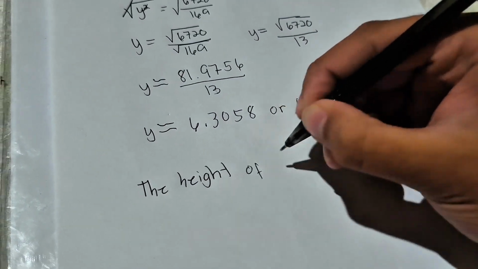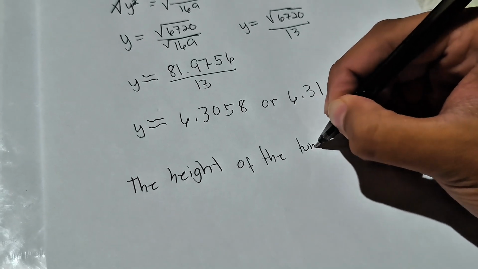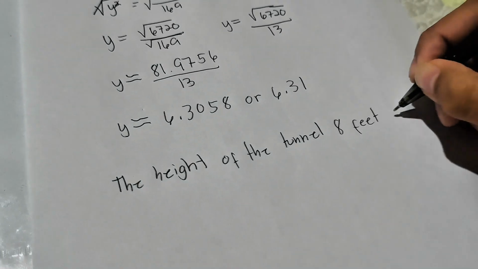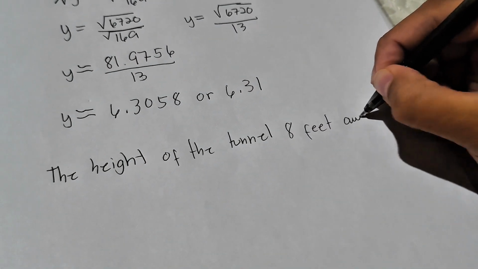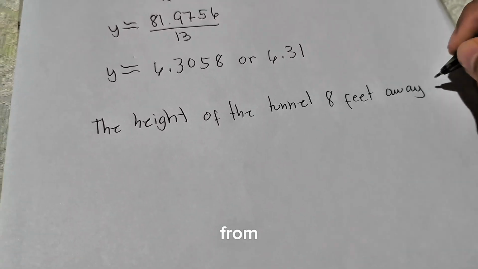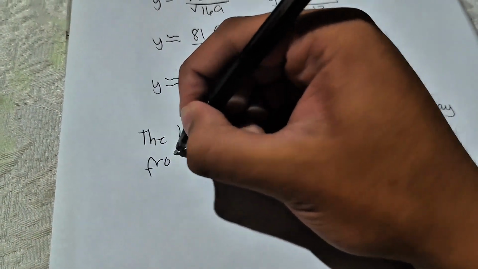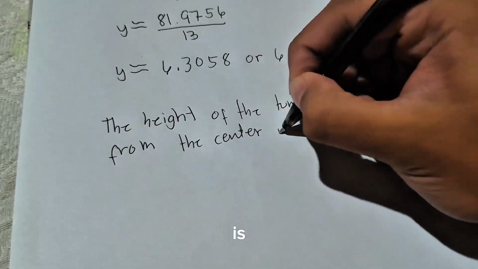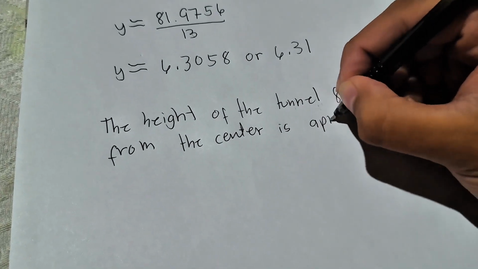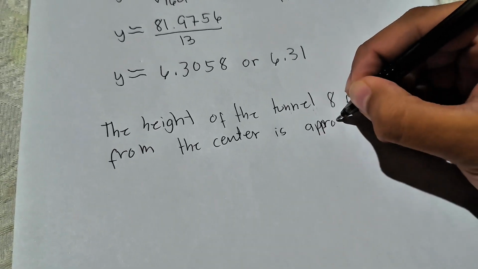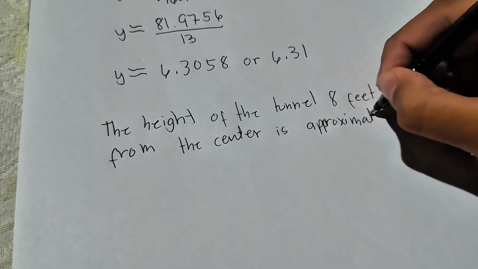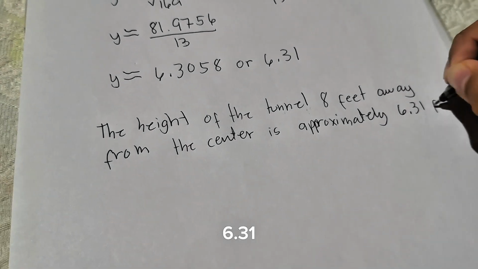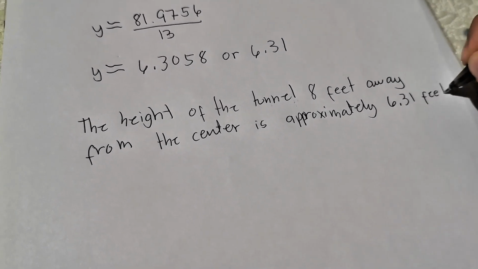So the height of the tunnel 8 feet away from the center is approximately 6.31 feet.